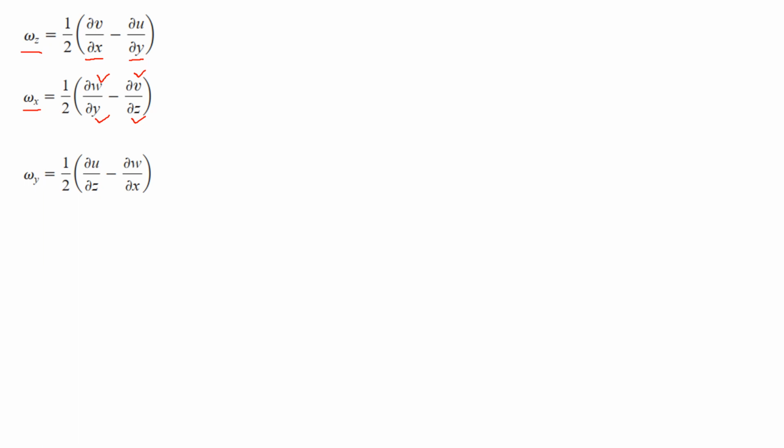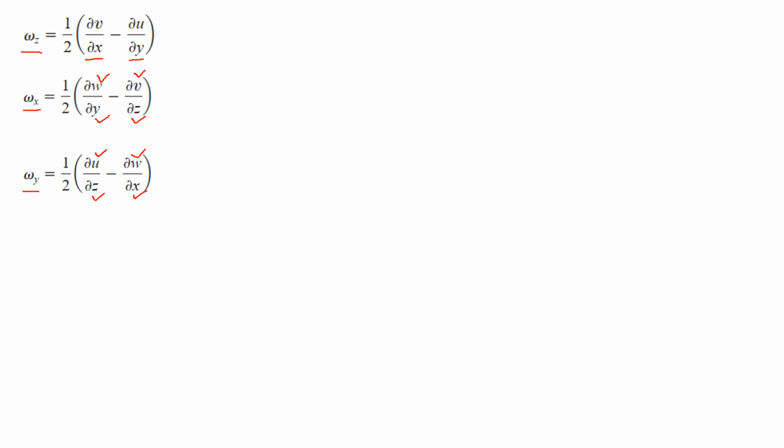So again, if we take our rotation along the y-axis, that will be the partial change in the x component of velocity u along the z-axis, minus the z component of the velocity change along the x-axis.